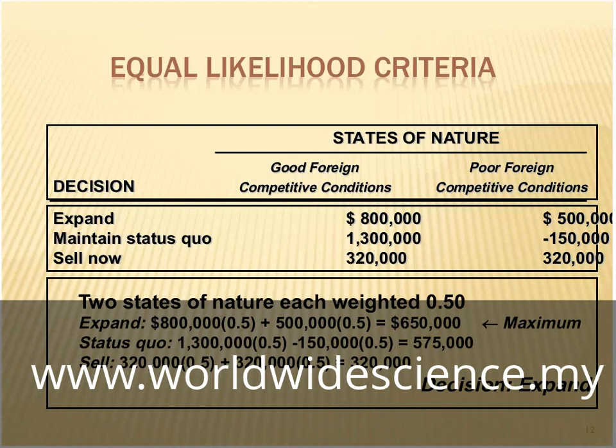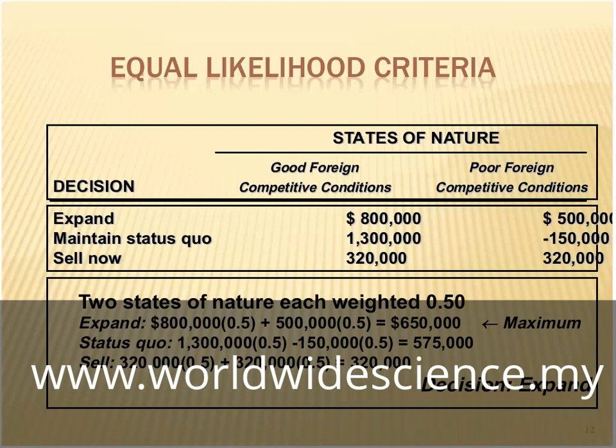In the maintain case, 1,200,000 multiply 0.5 minus 150,000 multiply 0.5 equals 575,000, and in the sell, 320,000 multiply 0.5 plus 320,000 multiply 0.5 equals 320,000. Which decision is maximum? In the equal likelihood, you should select the maximum in the new result. The maximum here is 650,000. Okay. We considered and we discussed 5 methods together.